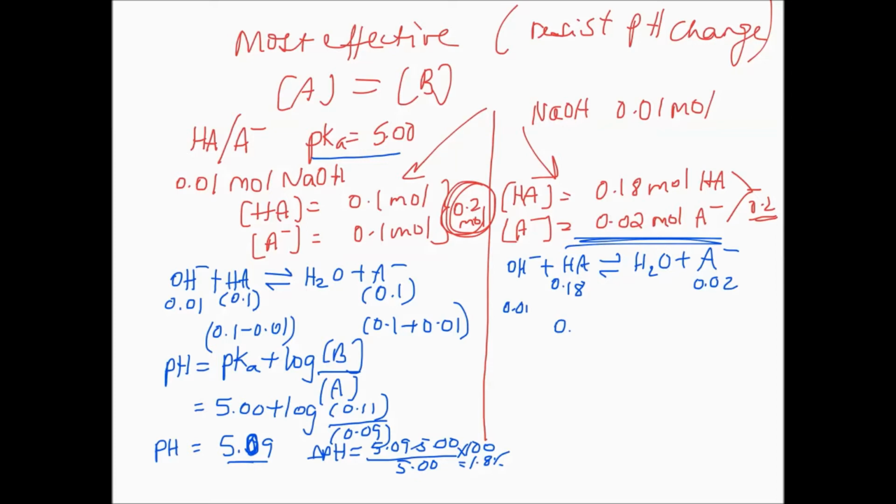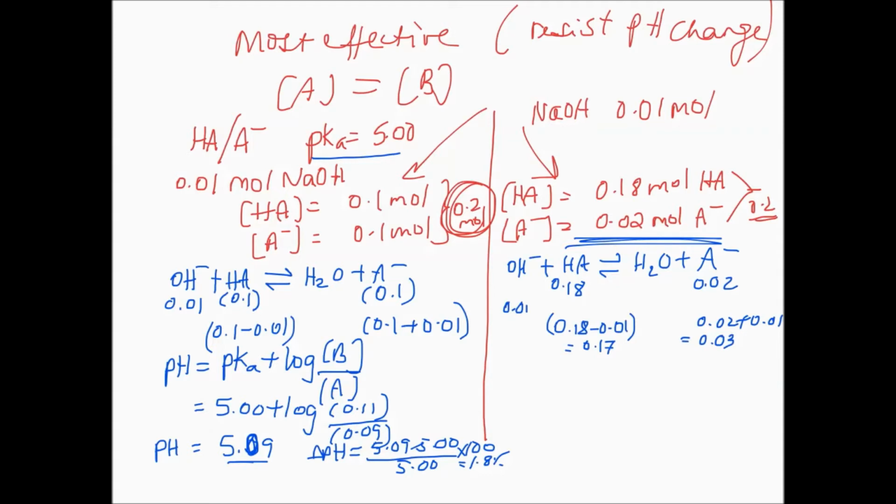So 0.18 minus 0.01 will give you 0.17, while you're going to add to the A minus, giving you 0.03 as your overall anion.